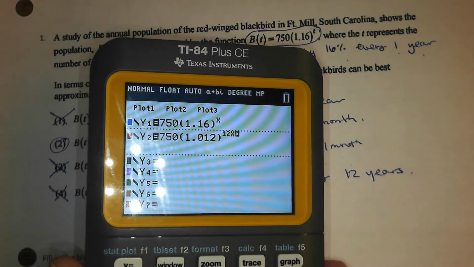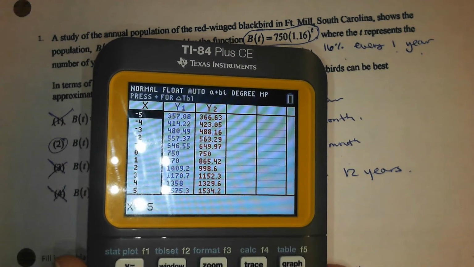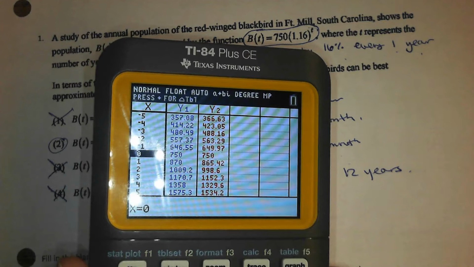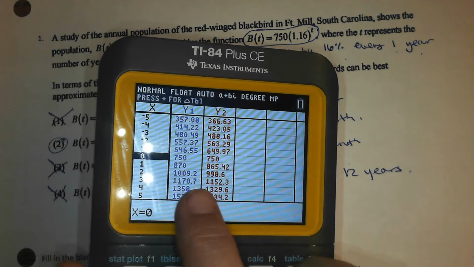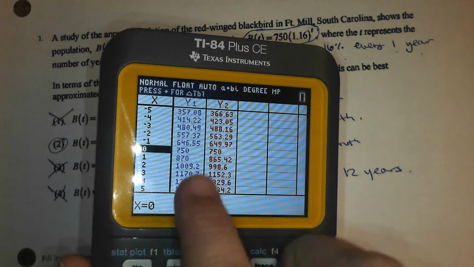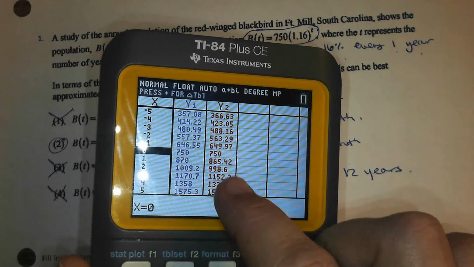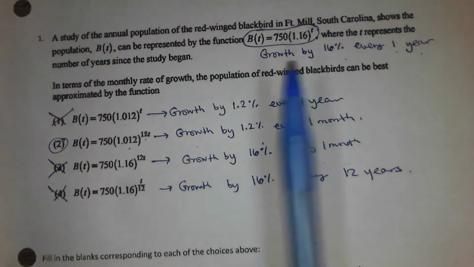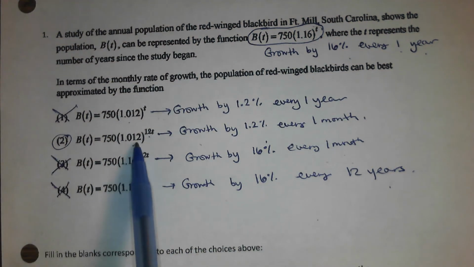And if I looked at those two tables, they all have the same outputs, or pretty close to the same outputs. The only reason it's not exact is because, truthfully, that's rounded.